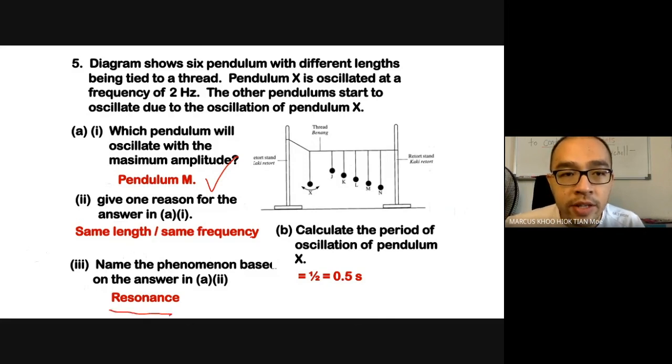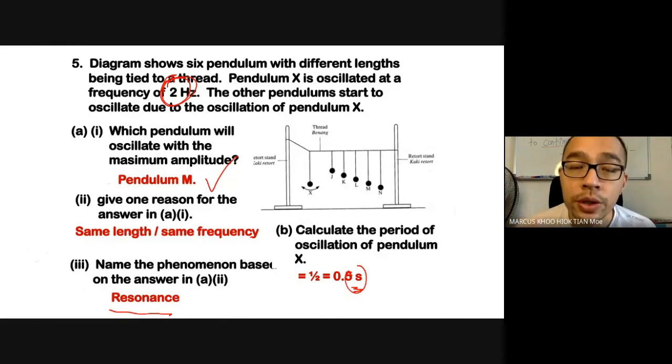The period of oscillation, because it's given the frequency is 2, you can count the period by 1 over 2. The unit for period is 0.5 seconds, not hertz. Hertz is frequency. Period is seconds. That means one full oscillation is half a second.